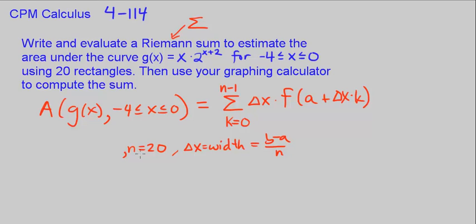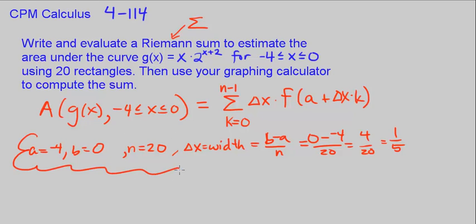So n is 20, and our region is always from a to b. So a is -4, and b is 0. Finding the width is 0 minus -4 over 20, which is 4 over 20, or 1 over 5. Alright, so let's go ahead and plug this in.